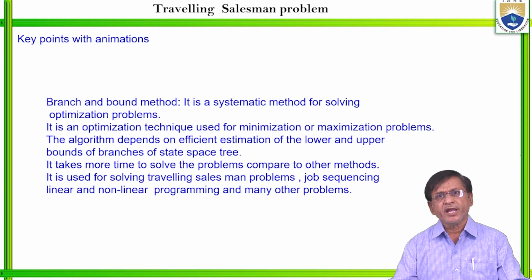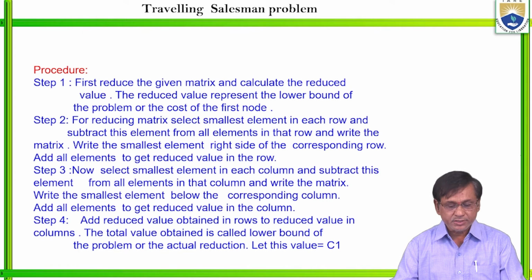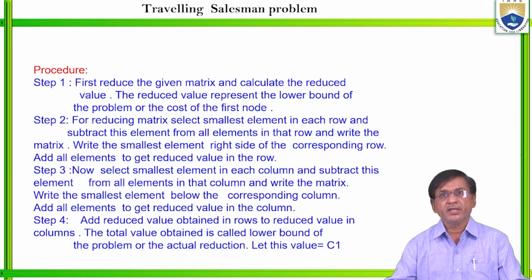It takes more time to solve the problems compared to other methods. It is used for solving the traveling salesman problem, job sequencing problem, linear programming, non-linear programming and many other problems.